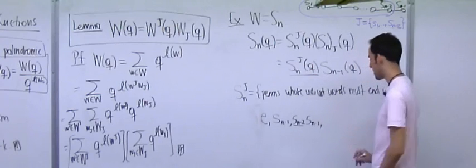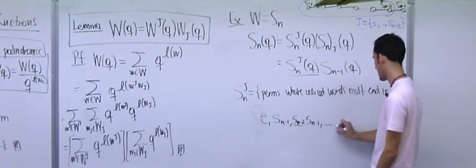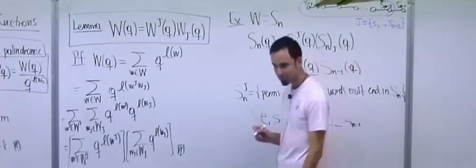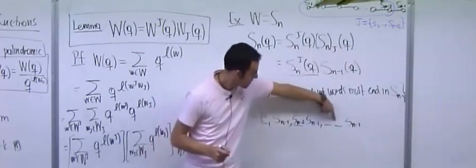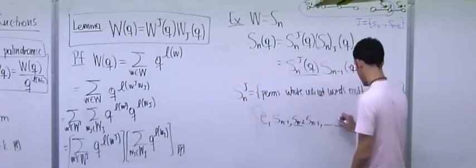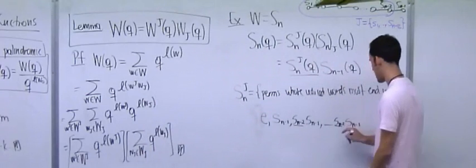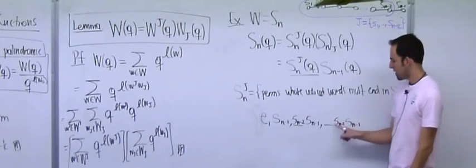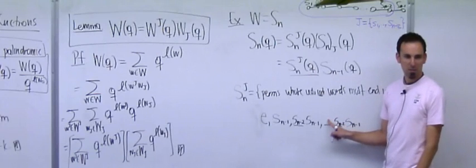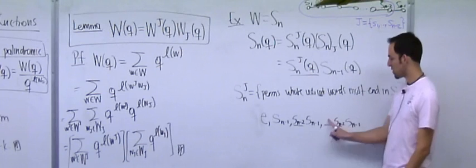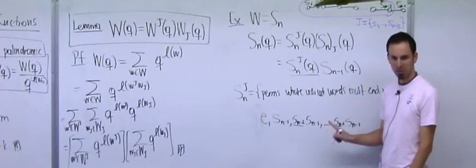Let's try that again. What about length 3? Well, they have to look like this times Sn minus 1. What can I put here? Well, I saw that the only thing I can put there is Sn minus 2. And what can I put here? Well, again, anything that's less than Sn minus 3 is going to commute with both of these, so I can send it through. So this must be Sn minus 2 or Sn minus 1.